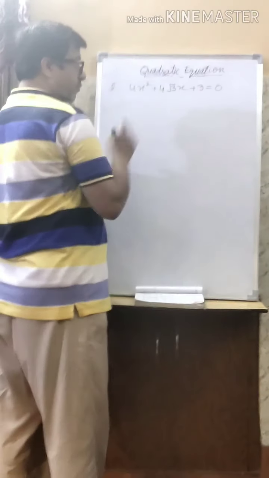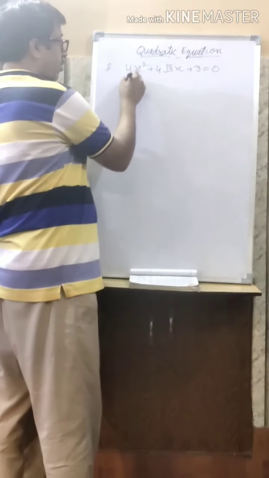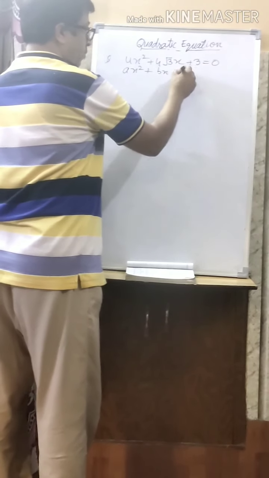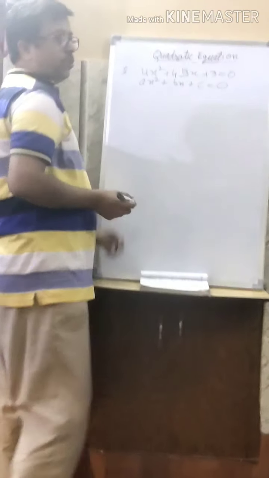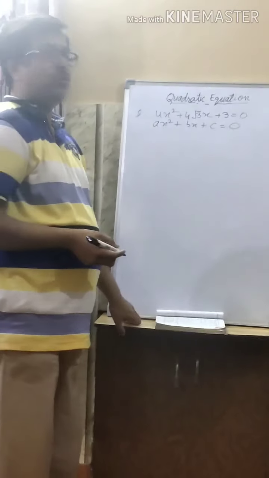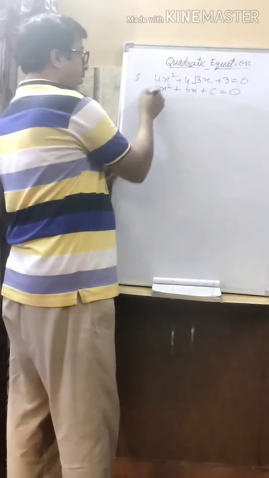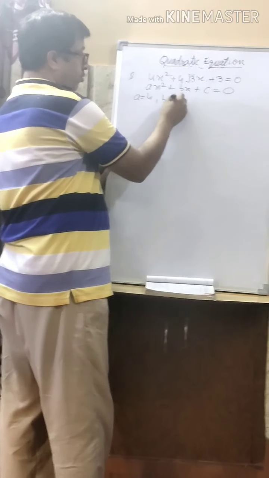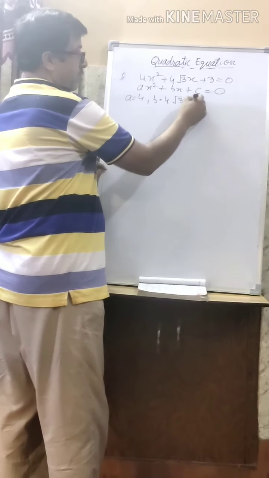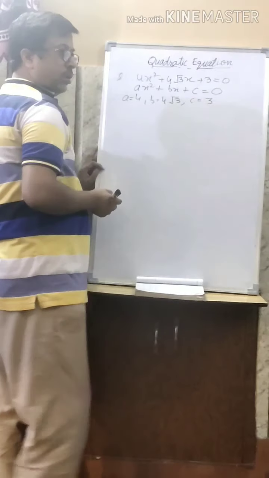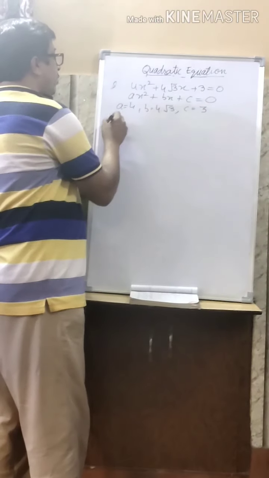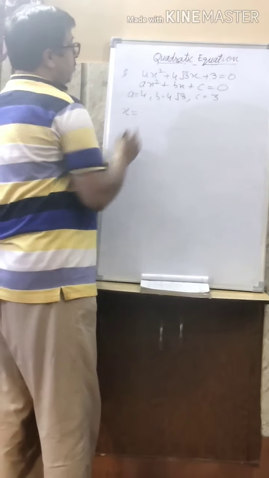So by using quadratic formula, you compare with the standard form ax square plus bx plus c equal to 0. So now compare. Therefore a is equal to 4, b is equal to 4 root 3, c is equal to 3. Understand? So now what is the formula for this?